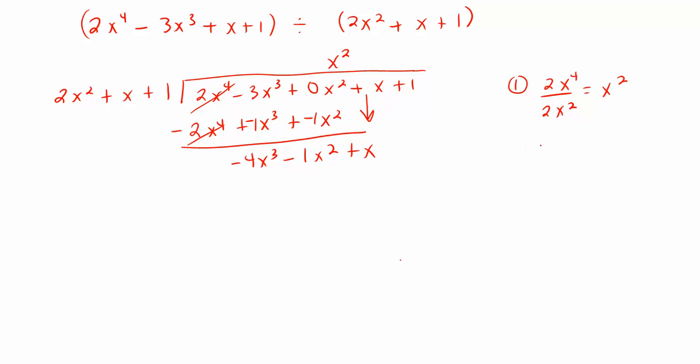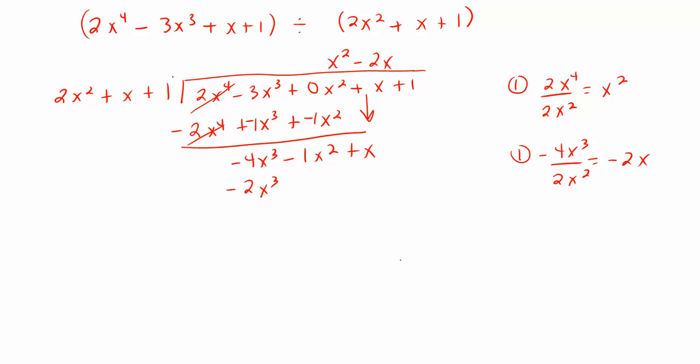Start the process over. First term on the inside here, negative 4x to the third, divided by the first term on the outside, 2x squared, to see what goes up top. So negative 2x. Take the negative 2x and distribute. Negative 2x times 2x squared is negative 4x to the third.